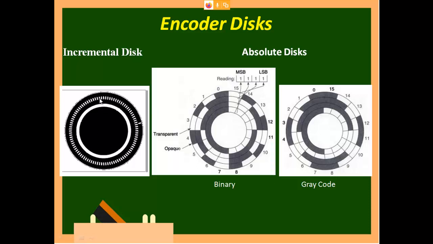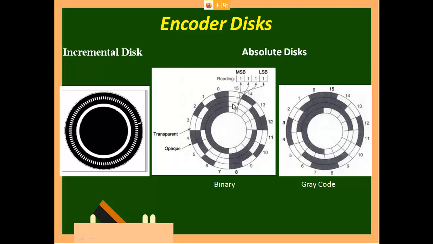Here you have to see there is only one slot, so only one light source and only one light receiver, whereas you can see here 1 2 3 4, there are 4 slots, so there should be 4 light sources and light receivers. Whatever is black is not opening, whatever is white is opening.